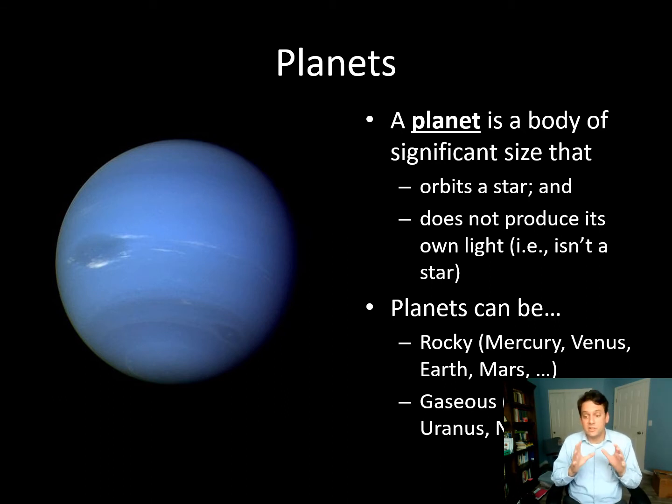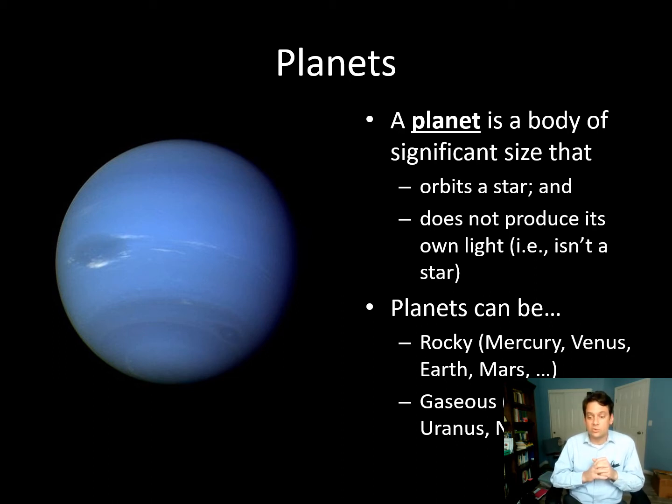If you really want to look further into it, we can talk about that if you like. But since this class is one on stars in the universe, we're not actually going to be spending much time at all talking about planets, but it will come up from time to time. So I figured I'd put a slide in here to tell you exactly what it is we're talking about. A planet orbits a star, and it's not a star. And planets can be rocky or gaseous, right? We see that certainly in our own solar system.